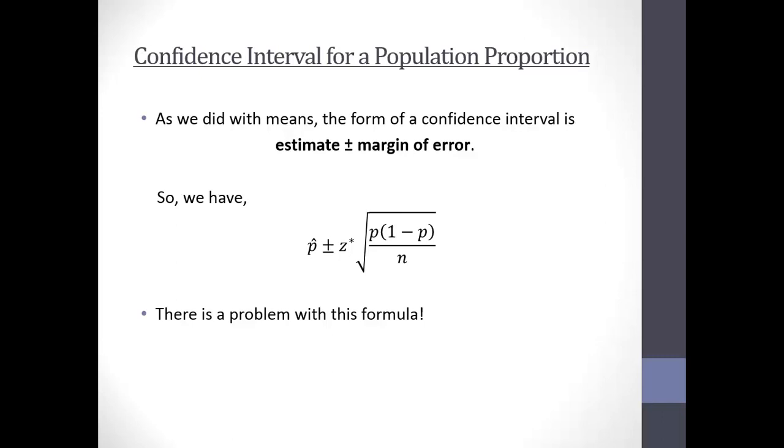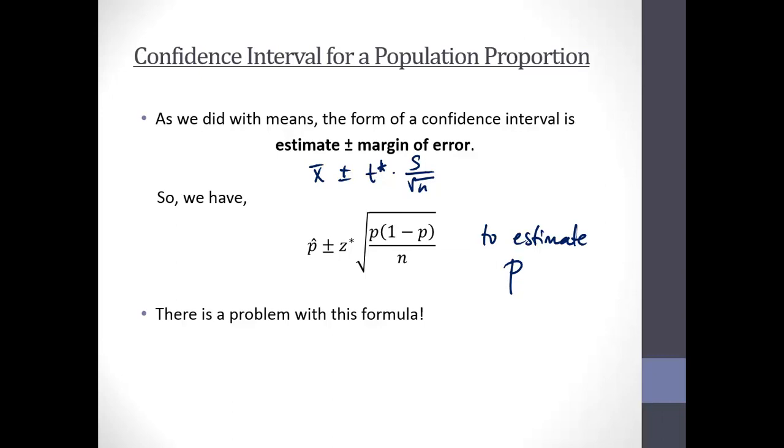Whereas before it was x bar plus or minus t star times s over the square root of n, the corresponding thing here is p hat plus or minus z star times the square root of p times 1 minus p over n. Again, remember we're trying to estimate p, which is the population proportion.